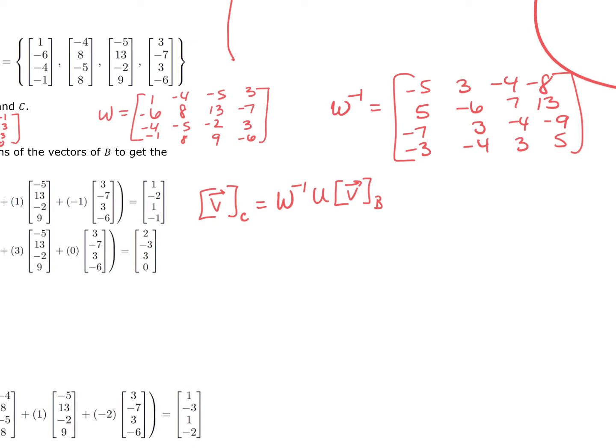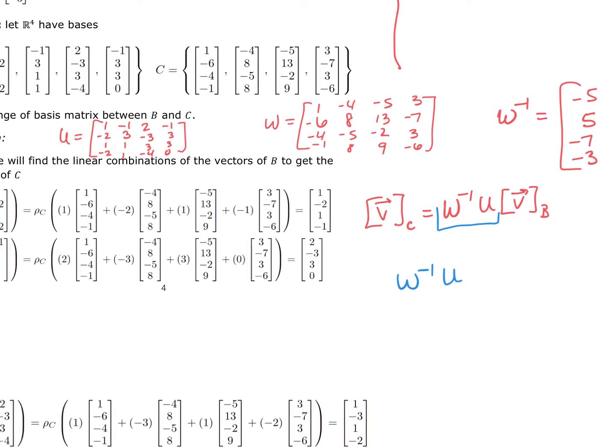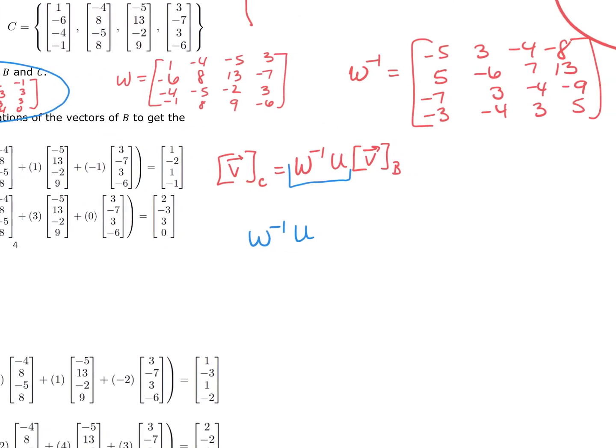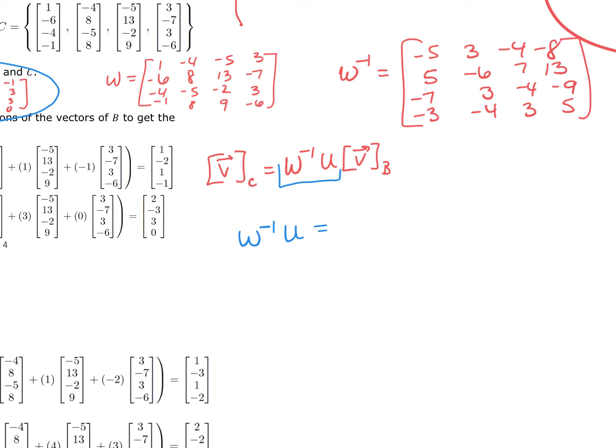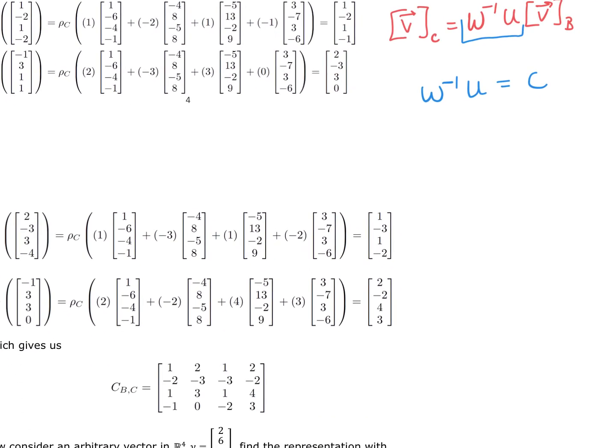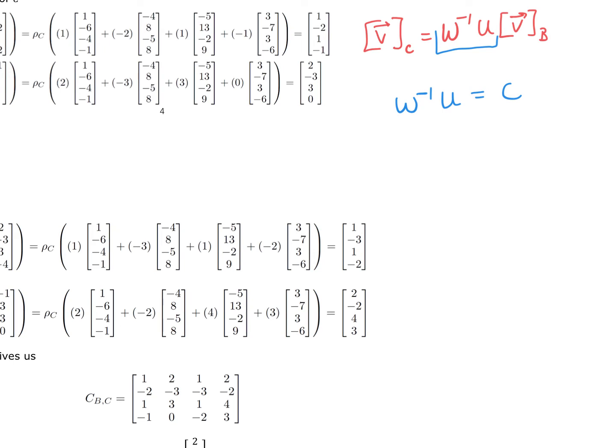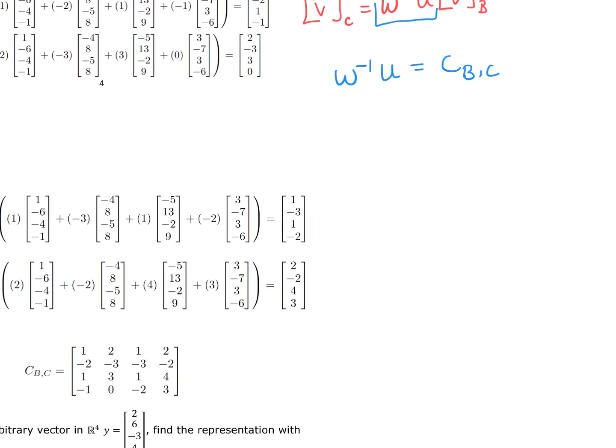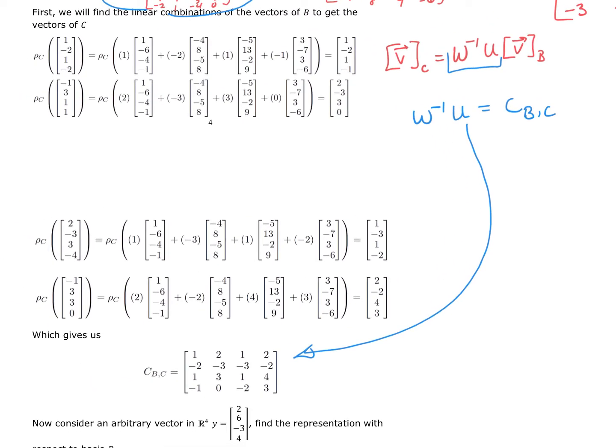Now, if I multiply my W inverse times my U matrix, which again, this is my U matrix, this is going to give me my change of basis matrix from B to C. And I get, and you should check this on your calculator, the exact same thing as if I would have done it by doing linear combinations, finding the alpha 1, 2, 3, because that's what this is all about.